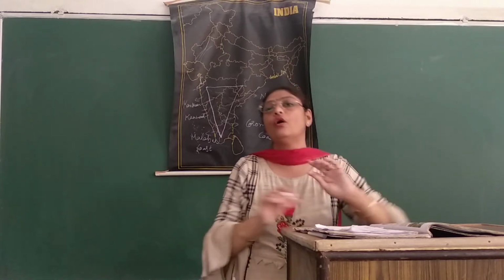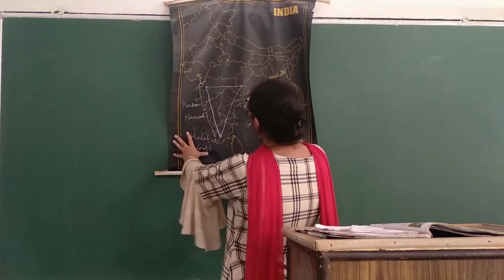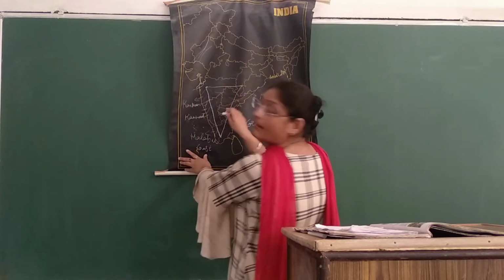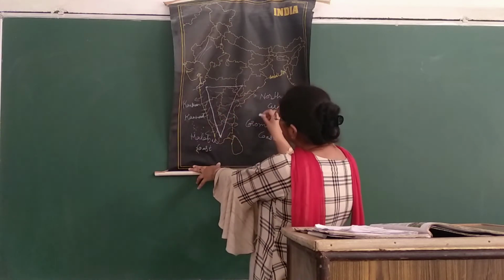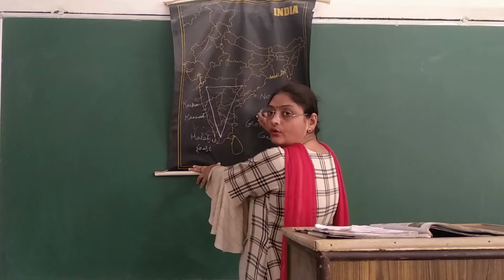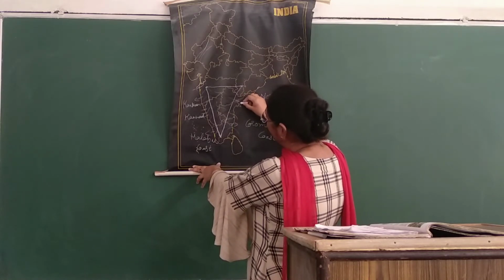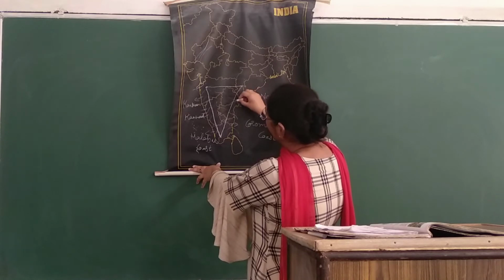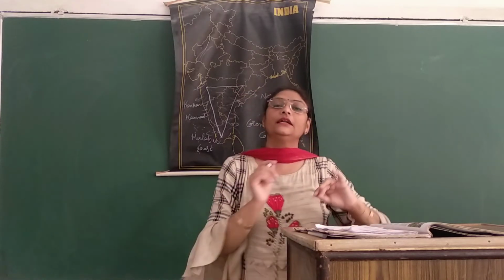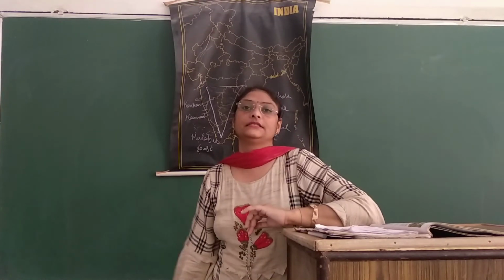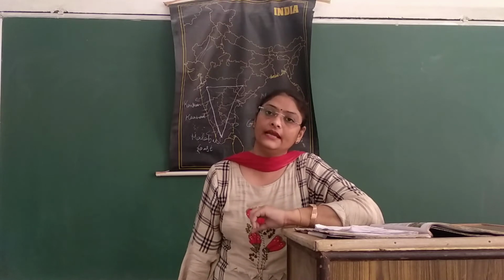these rivers form the delta at the mouth of river. When the Mahanadi, Krishna, Kaveri, these rivers drain into the Bay of Bengal, before draining, at the mouth of river, these rivers form delta. Delta means the triangular landmass, triangular deposition of the sand and silt.